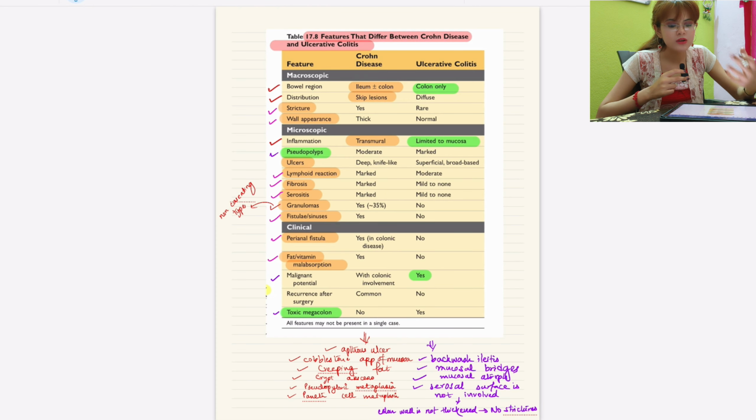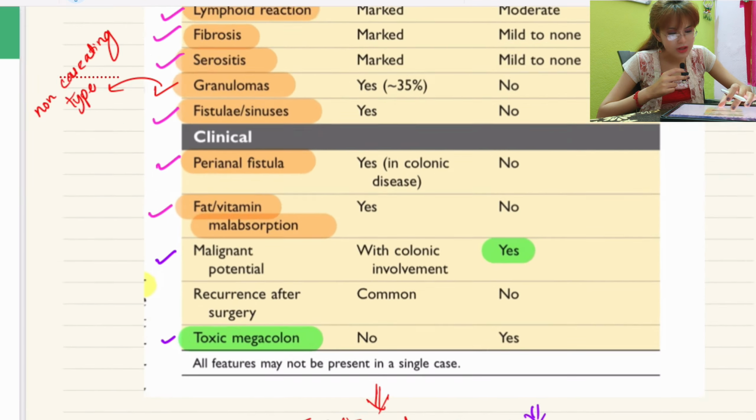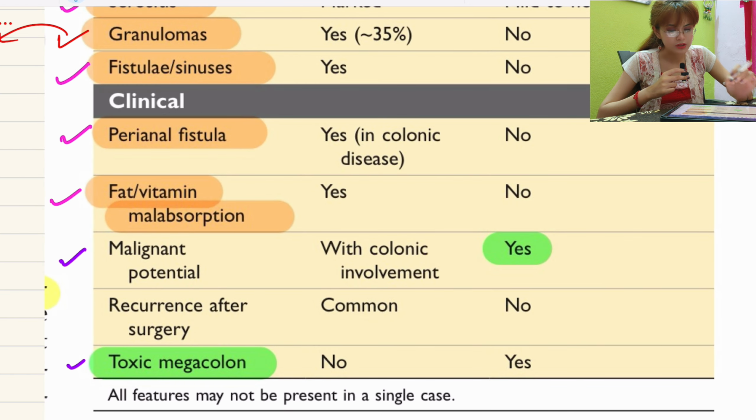So it may seem that Crohn's disease has so many negative points. There is ulcer, there is fibrosis, serositis, granulomas, fistula, strictures. All of this is happening in Crohn's disease, the transmural infection, and it seems to be a more severe disease than ulcerative colitis. But ulcerative colitis is even worse because it has a malignant potential and a chance of converting into toxic megacolon.